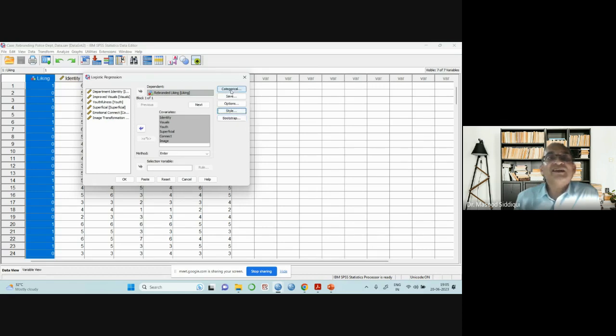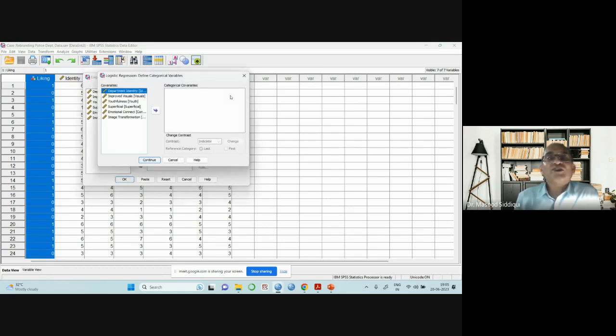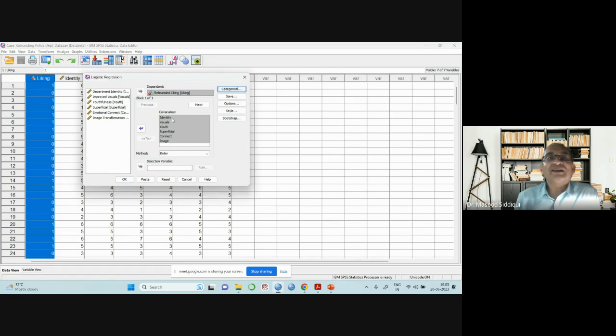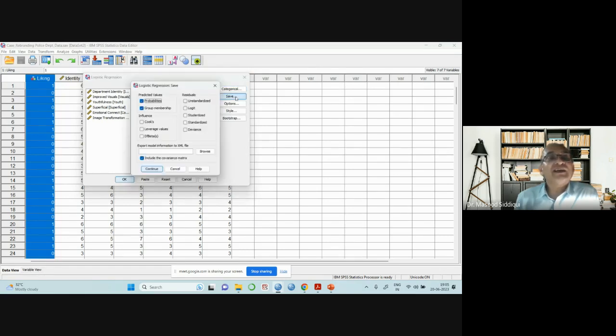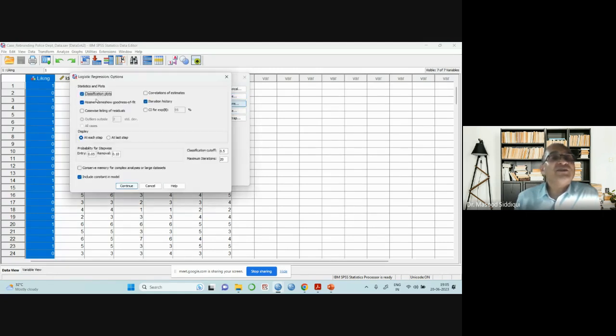Let me check again. Categorical is not required because none of the predictors is a categorical variable. Save, done; it is just for demonstration. In Options, we are having classification plots. If we want to check multicollinearity, we can have correlations of estimates, otherwise we can ignore it.